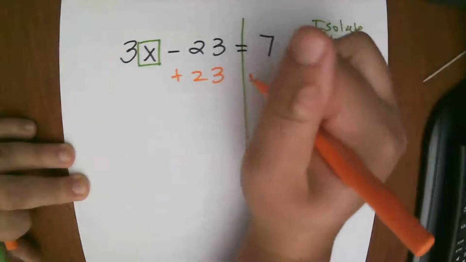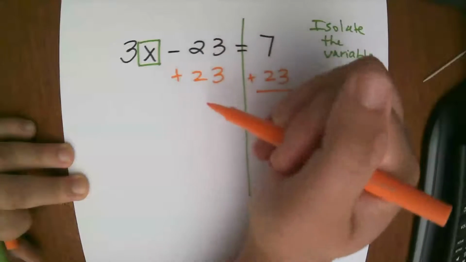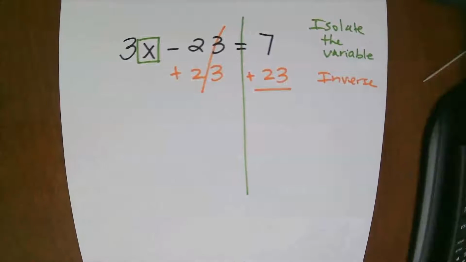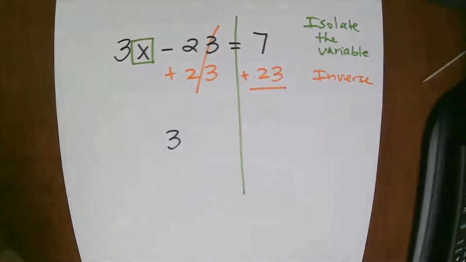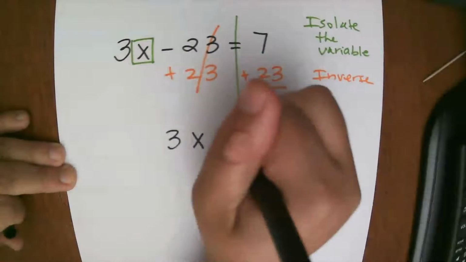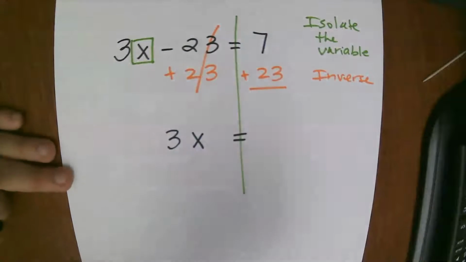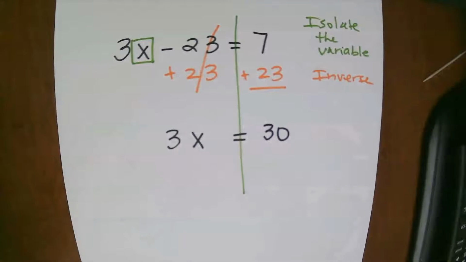Okay, and whatever we do to one side of the wall, we're going to do the other. So we're going to add 23 here. Okay, -23 plus +23 becomes 0. They are all gone. So we're left with 3x equals 7 plus 23, which is 30.